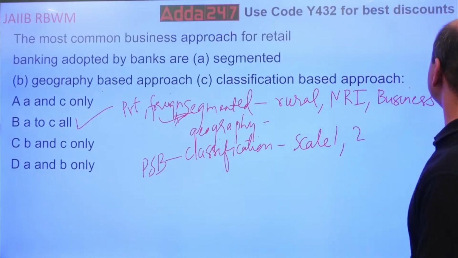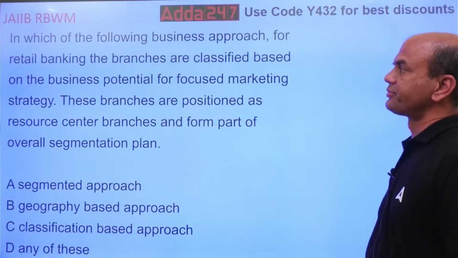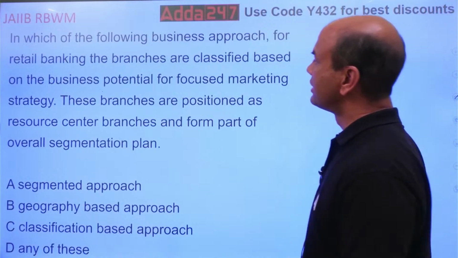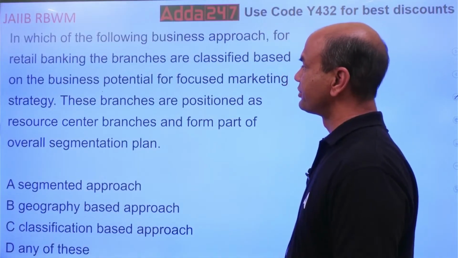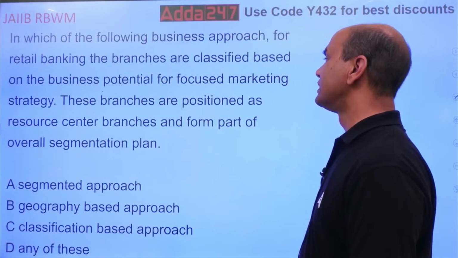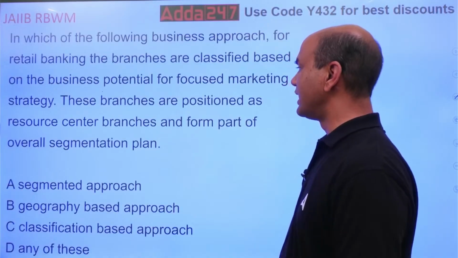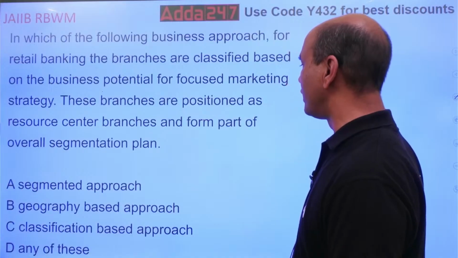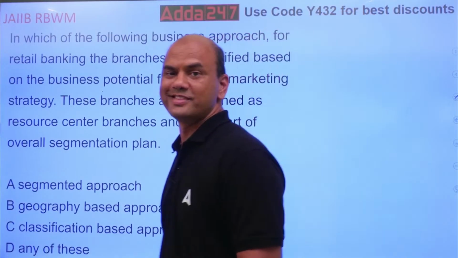Got it, everyone? In which of the following business approach for retail banking, the branches are classified based on the business potential for the focused marketing strategy? These branches are positioned as resource center and form a part of overall segmentation plan.